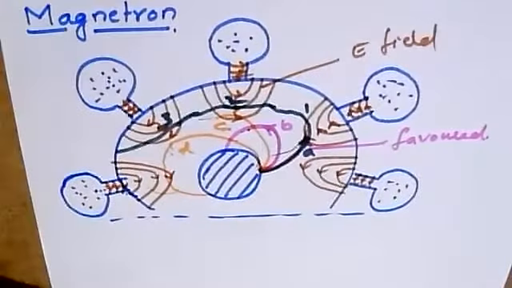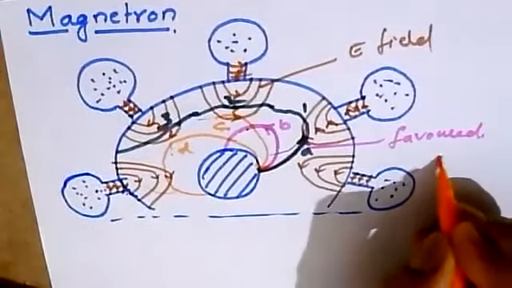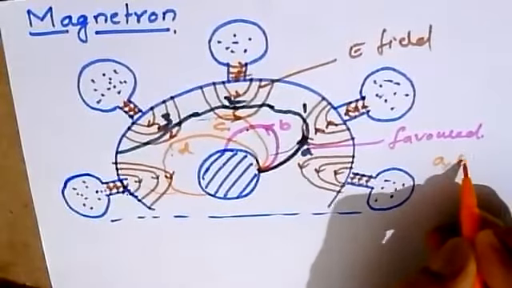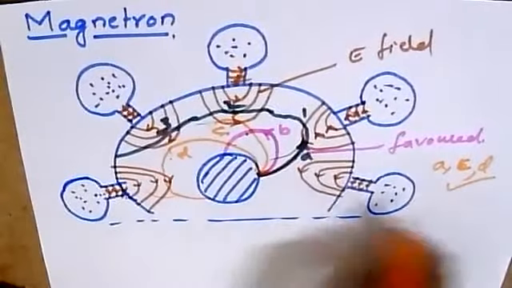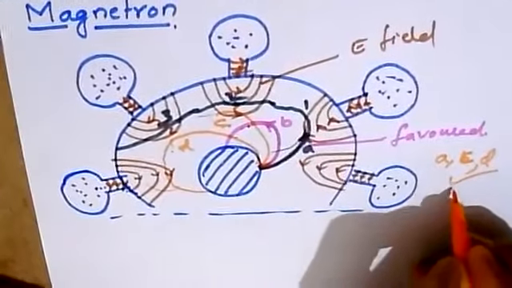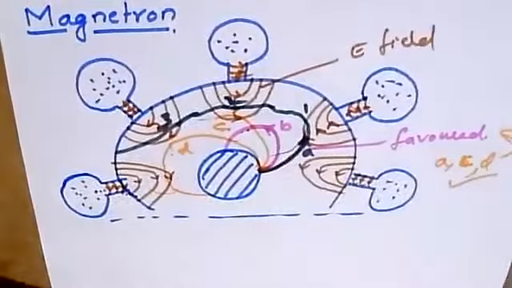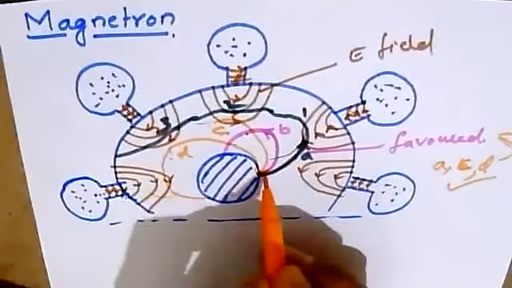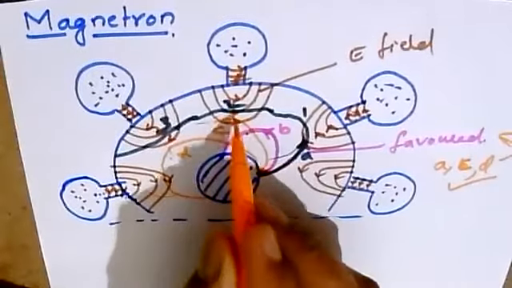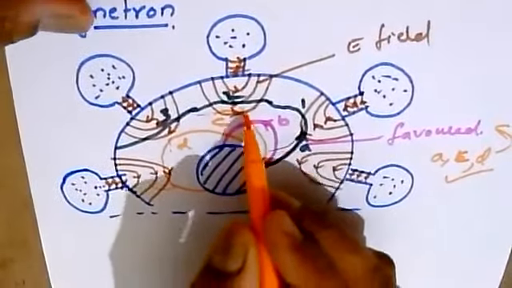So you can observe that the electrons A, C, and D provide the oscillations, and they are said to be favored electrons. These three are said to be favored electrons, whereas the electron B is not at all influenced by any electric field.